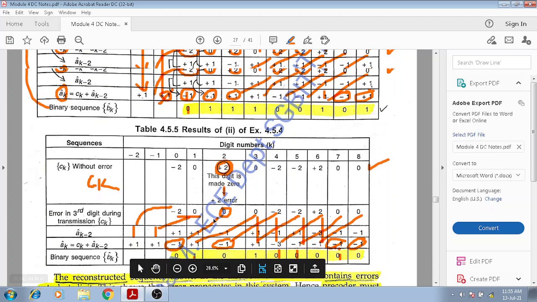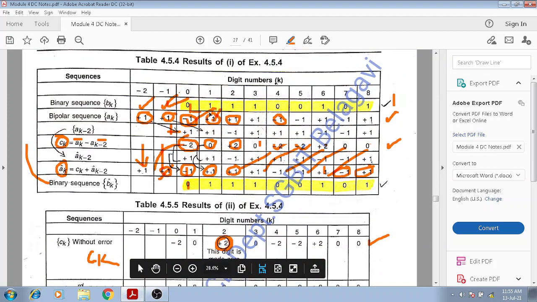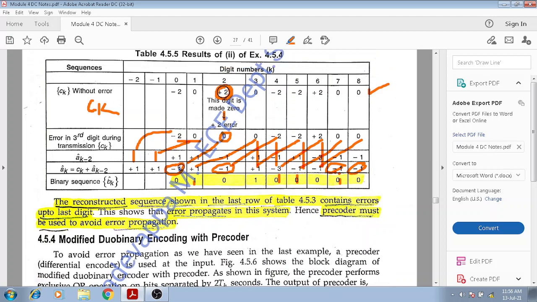See here, what is the original actual data sequence? 0 1 1 0 0 1 0 1, but look at here, 0 1 0 1 0 0 0 0 0. Is it the same as the actual data sequence?